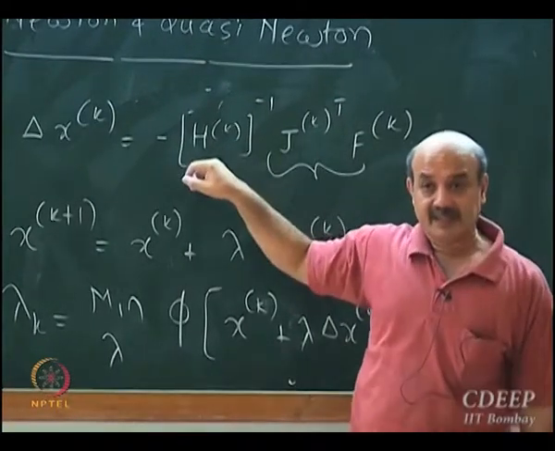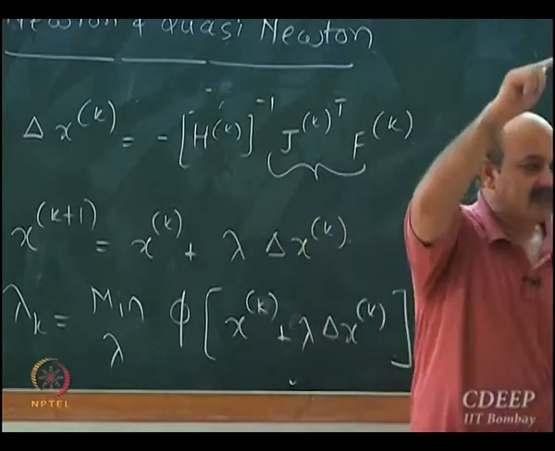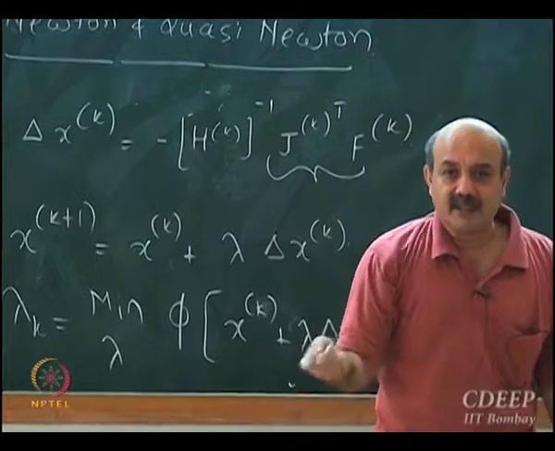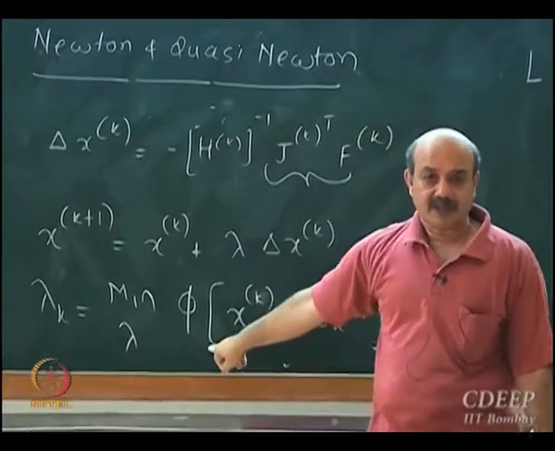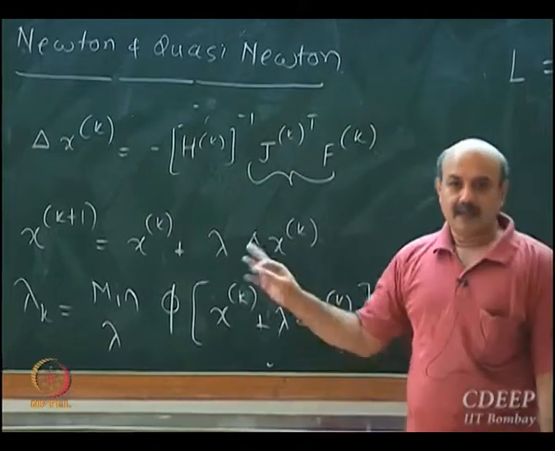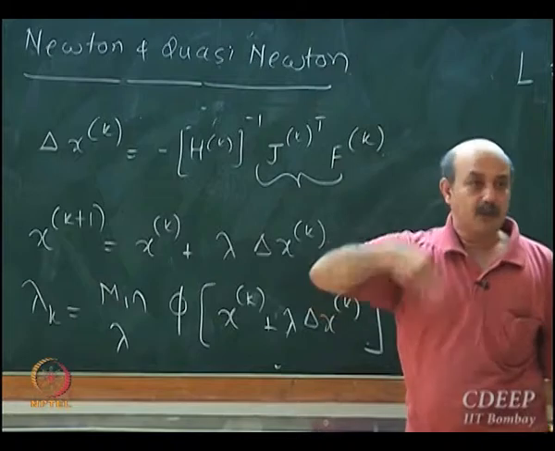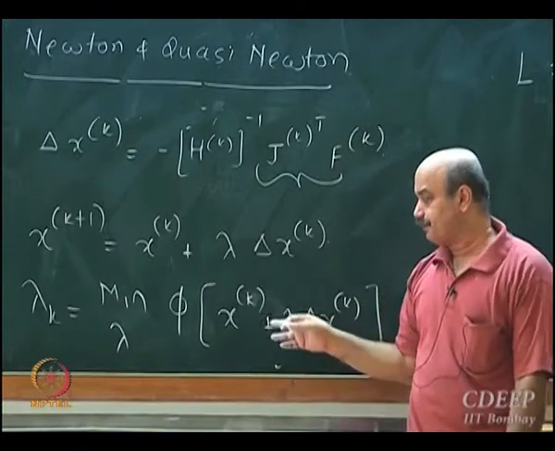You can do the gradient relatively easily because there are only n components in the gradient of the scalar function phi. That is much less computation than computing the Hessian. The Hessian would require a lot more computations.